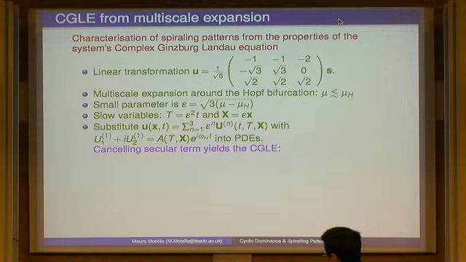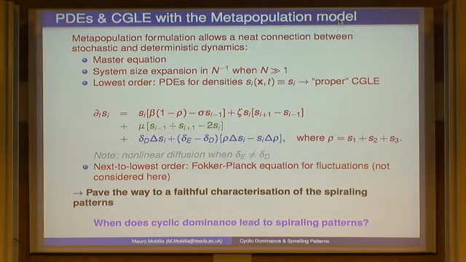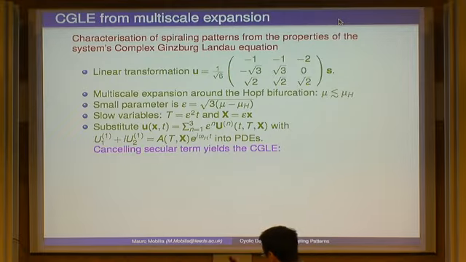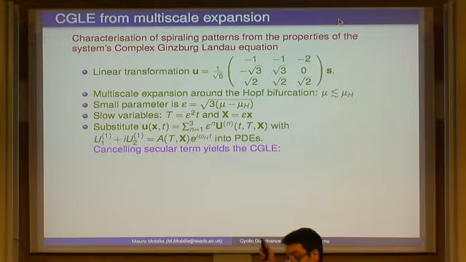We then substitute u into the PDEs and proceed by orders. When you do that, at some point there is a secular term. A secular term is essentially a term that you don't want in your expansion, because it explodes. You do an asymptotic perturbation expansion, and at some point you end up with a secular term, which is essentially a term like t times sine t or t cos t.